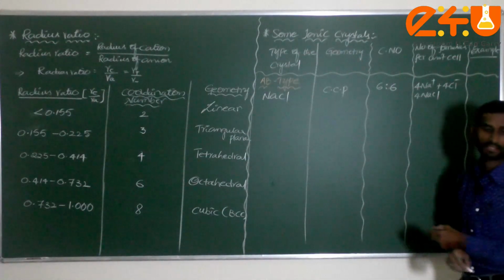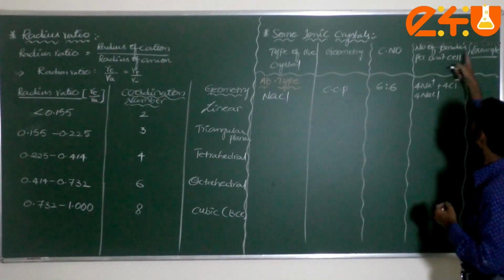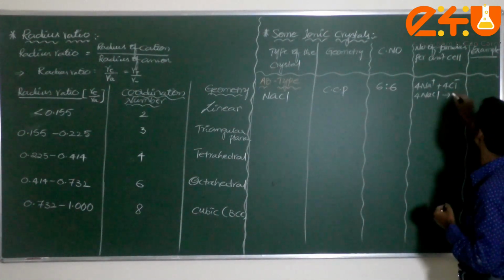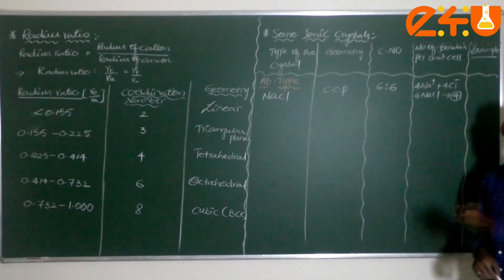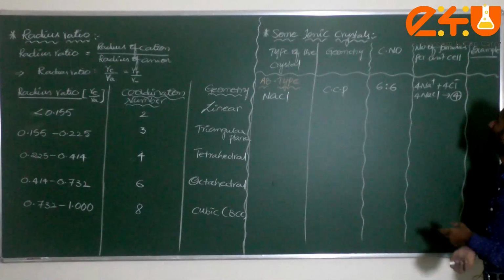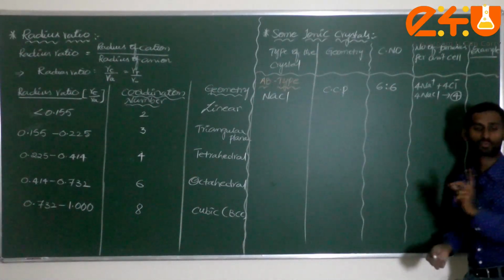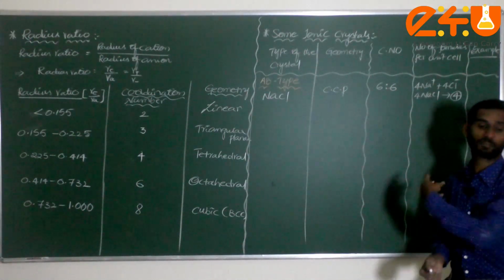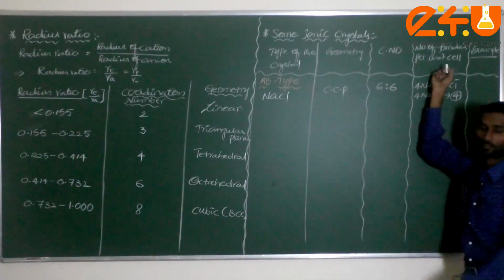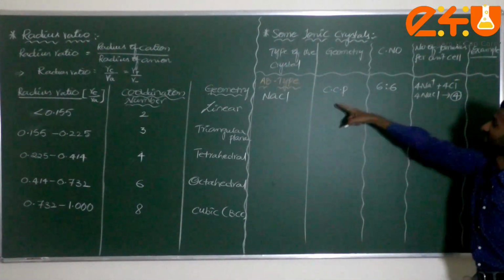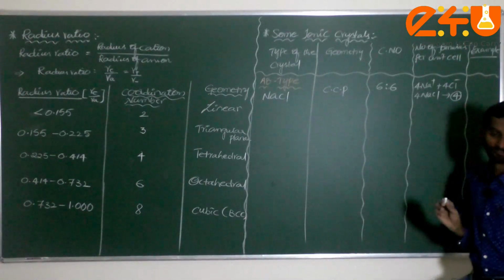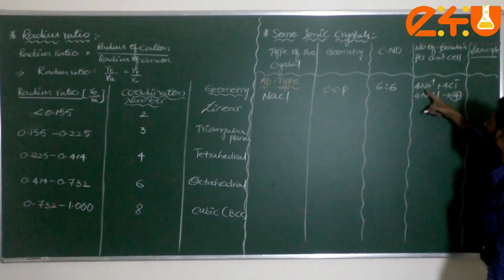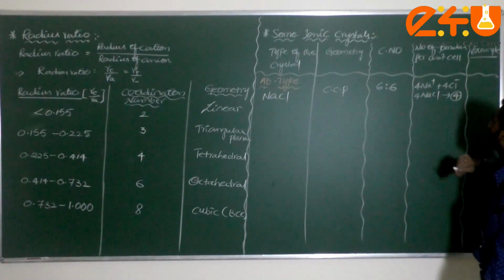The number of formulas per unit cell for NaCl is 4, don't forget. But the coordination number will be different from this. Here 6 Na plus ions are surrounded by 6 Cl minus ions, but the number of formulas is 4 Na plus and 4 Cl minus.